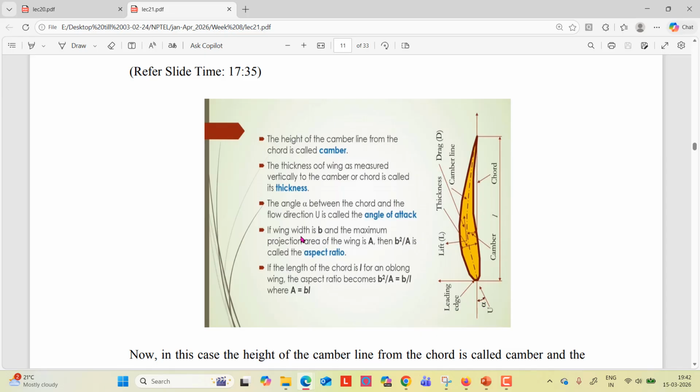If the wing width is b and the maximum projection area of the wing is a, then b square by a is called the aspect ratio. If the length of the chord is L for an oblong wing, the aspect ratio b square by a equals b by L, because a equals b into L.